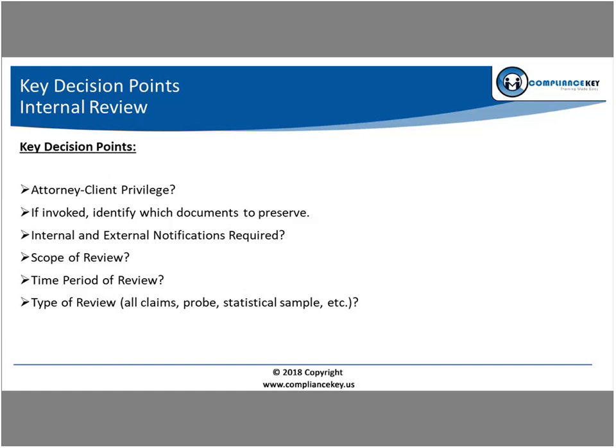And so, from a communication standpoint, this is where it can become critically important to limit those folks that are involved in the communications. And this is another example where you want to make sure that you are involving legal counsel early on to help drive this process and help guide you through invoking attorney-client privilege if that is particularly applicable.